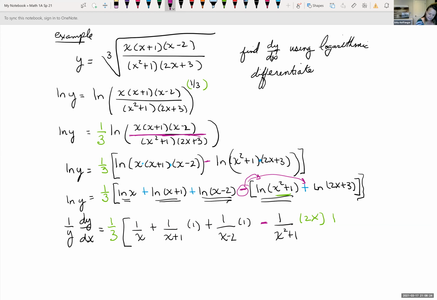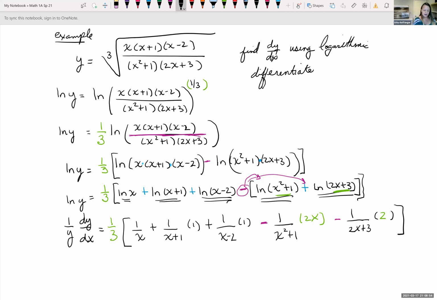So really minus the derivative of the natural log of 2x plus 3 is 1 over 2x plus 3, times the derivative of 2x plus 3, which is 2. I'll bring it back down.